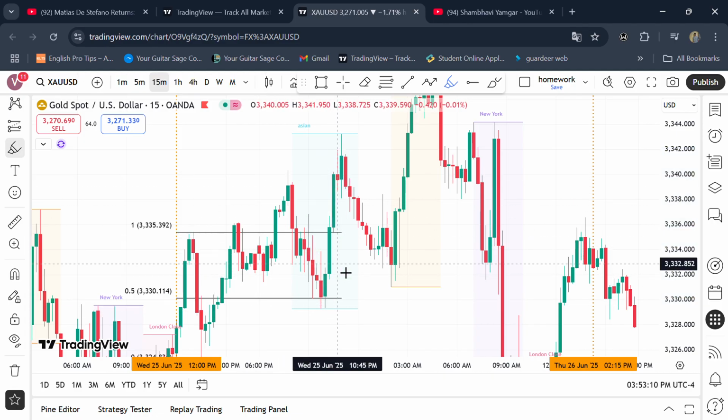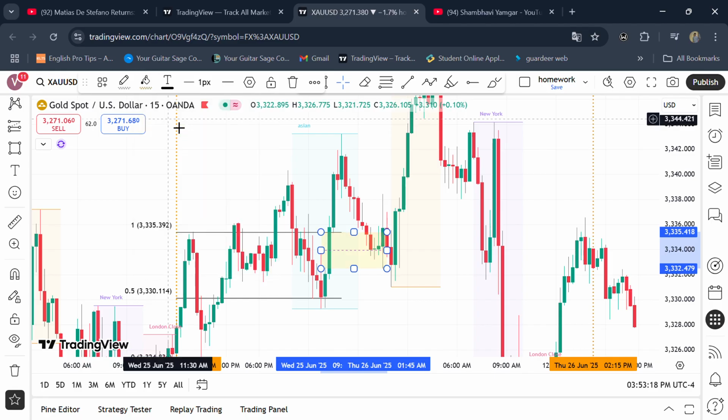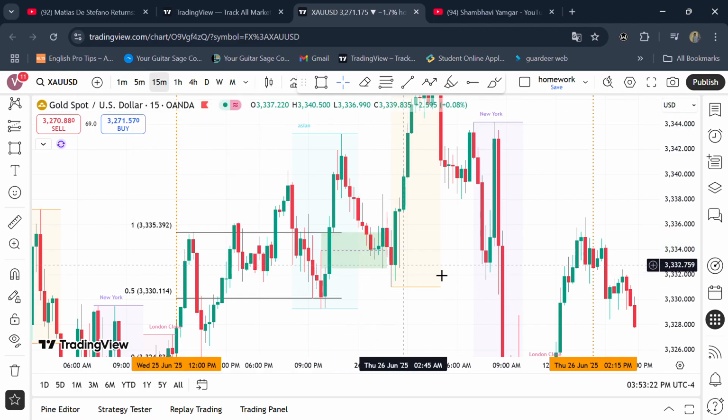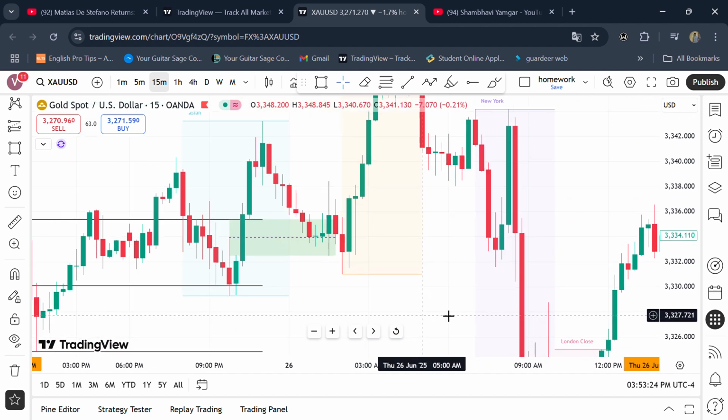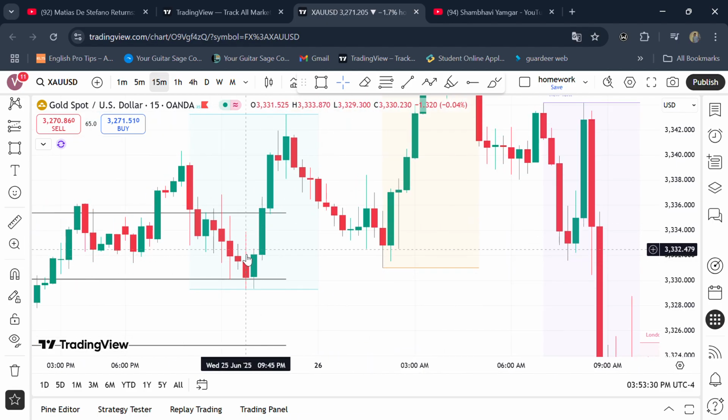we have an FVG formed. If I were to draw it, you'll see this is the FVG that got formed. And since this is an FVG, we can also say that this red color candle with this wick piercing through the FVG is an overlap.